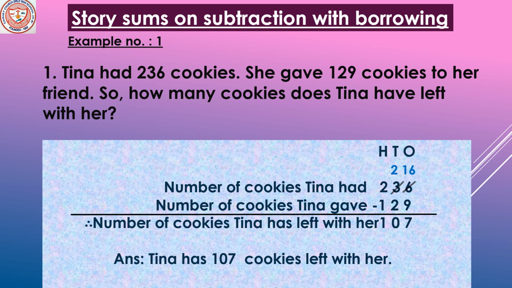Example number 1. Read the story sum thoroughly. Tina had 236 cookies. She gave 129 cookies to her friend. So, how many cookies does Tina have left with her?